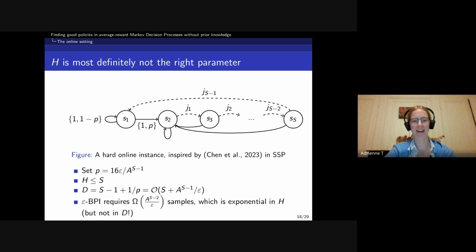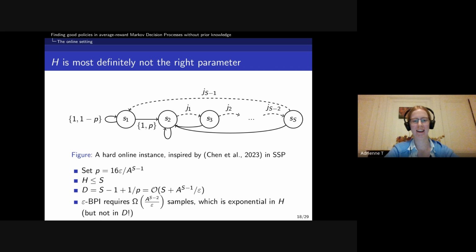Now let's look at our diameter and optimal bias span. The diameter is very big, because if you take 2 states, S1 and S2, the time necessary to go from the first one to the second one is very, very big. So your diameter is inversely proportional to p again. However, for the optimal bias span, if you are in S2 and you're using the optimal policy, are you that sad to be in S2?